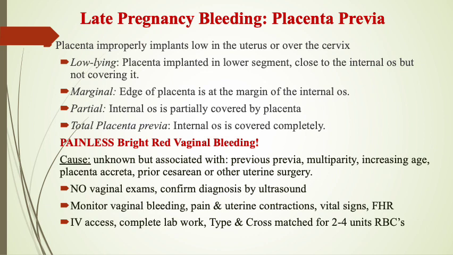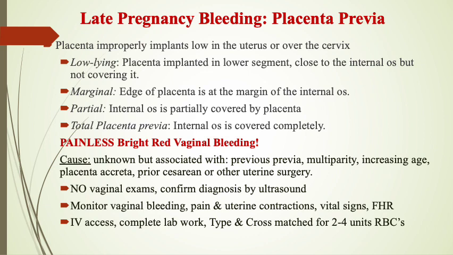So the patient comes in bleeding. Do not put your finger inside of the vagina until you have confirmed the placement of the placenta. Because it could be a total placenta previa where the placenta is covering the internal os. So if you try to do a vaginal exam, just picture it.